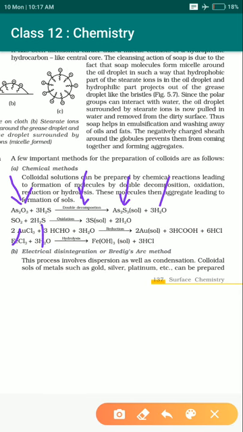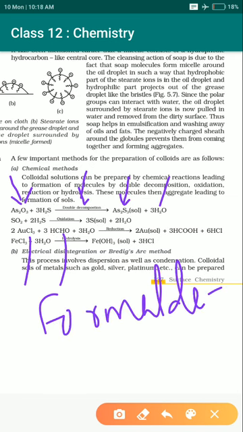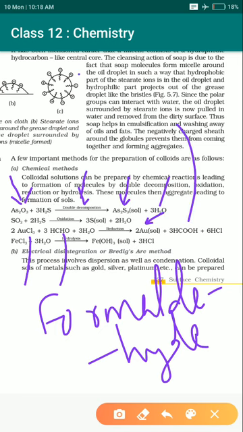Sulfur dioxide with hydrogen sulfide is an oxidation process. You get sulfur along with water. Gold chloride with formaldehyde, HCHO, and water is a reduction process. When it reduces, it gives gold along with formic acid, HCOOH, and hydrochloric acid.